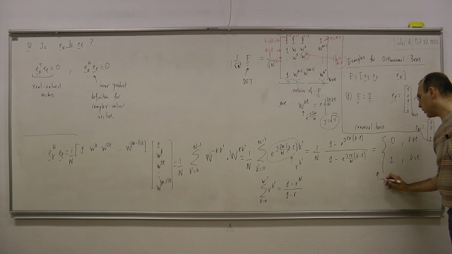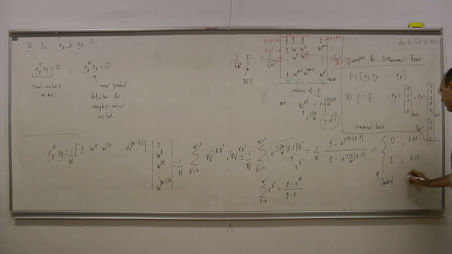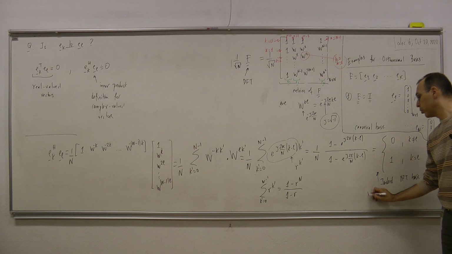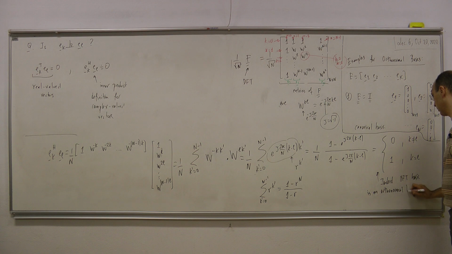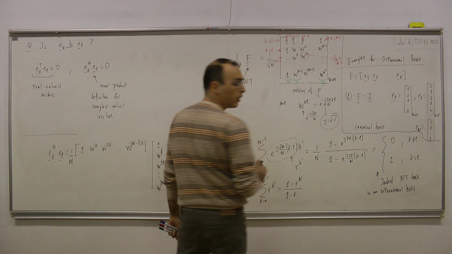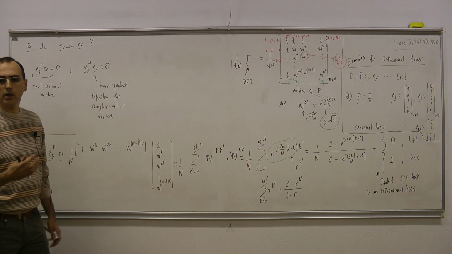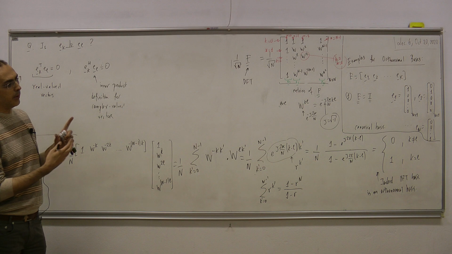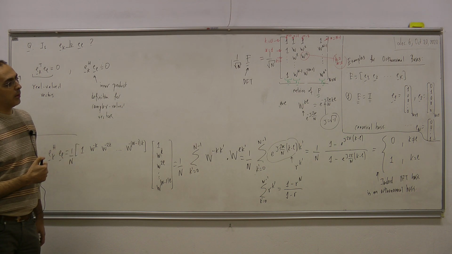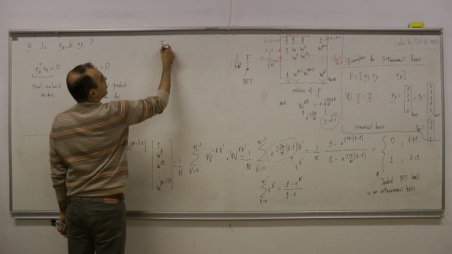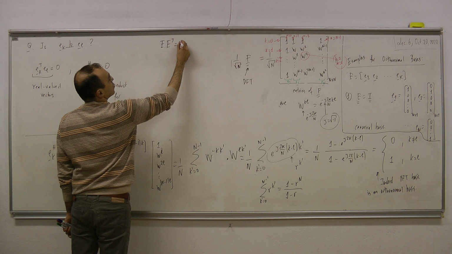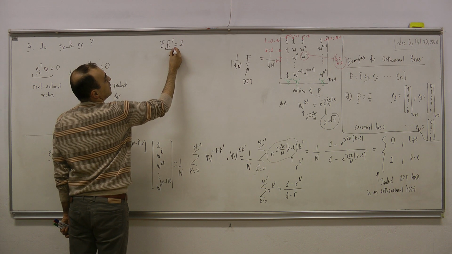So indeed, we see that the DFT basis is an orthonormal basis. So this is the reason that in Fourier transform and in DFT and in other transforms, we have very similar kind of inverse and forward mappings. So what do I mean by this? If E times E transpose is equal to identity, then this is nothing but E inverse.